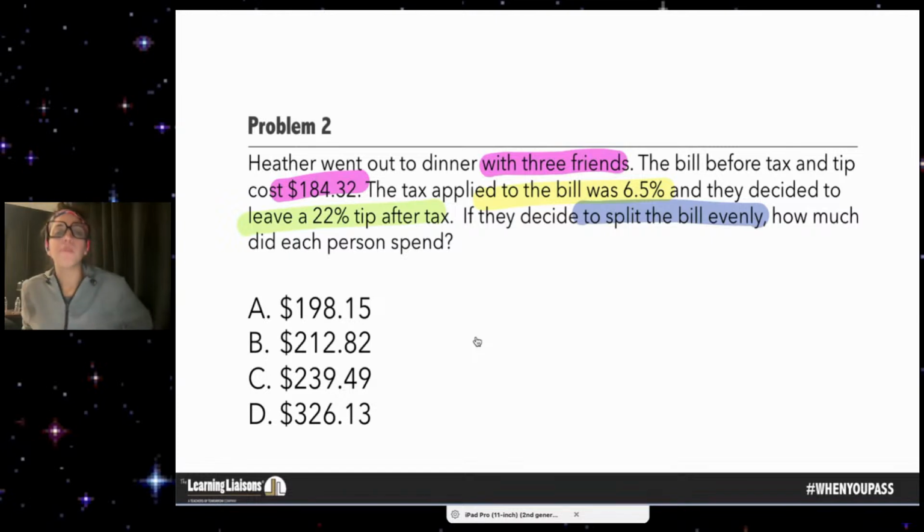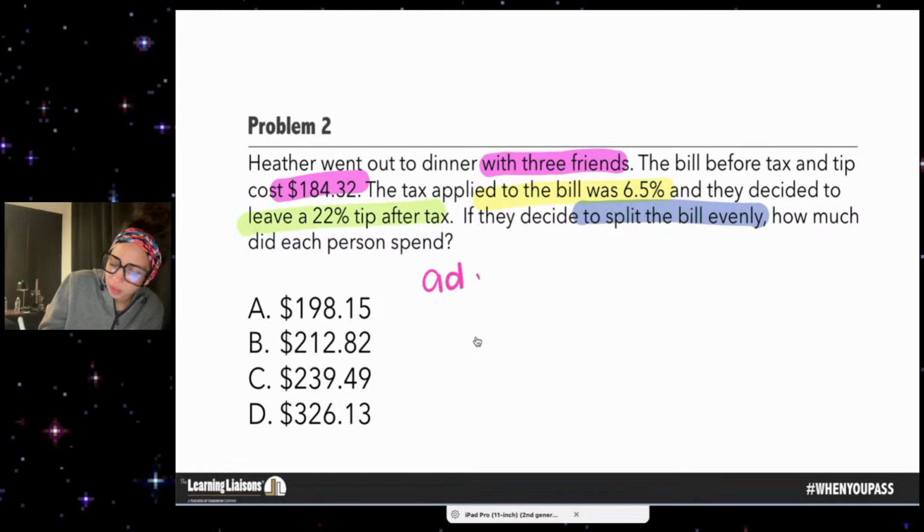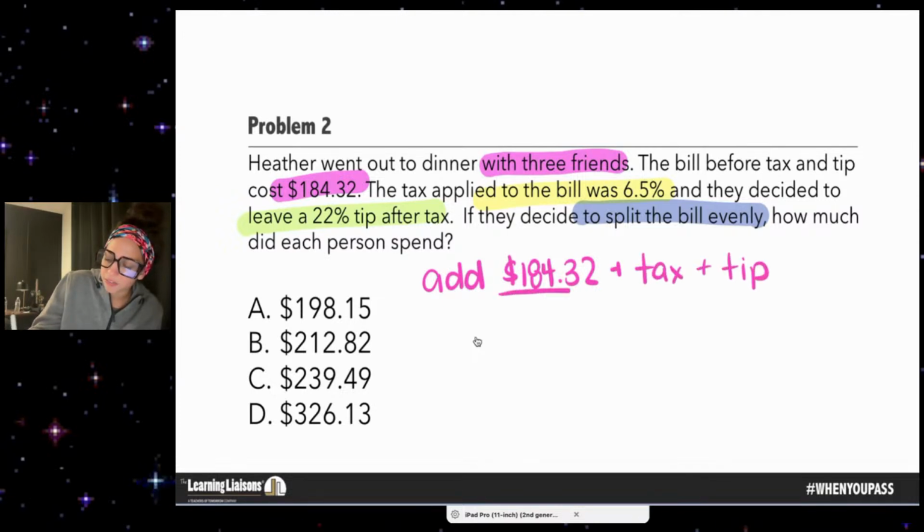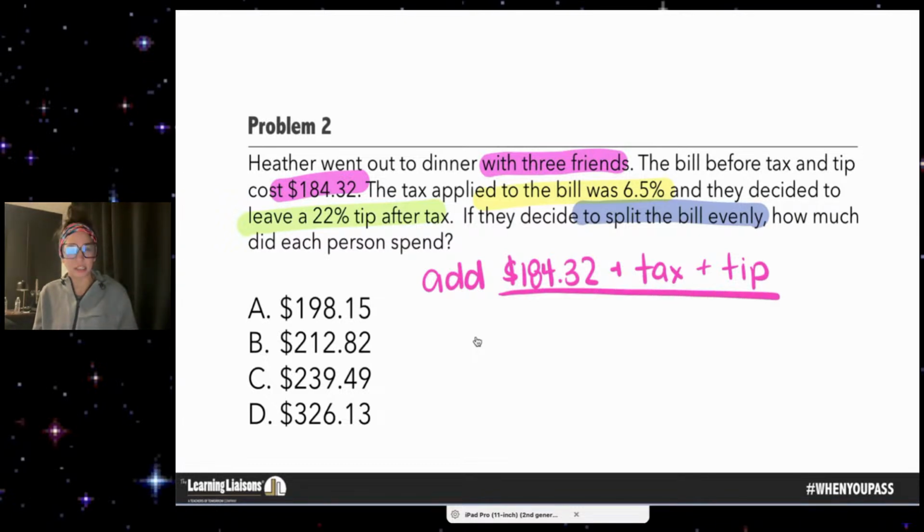So we have multiple steps happening right here. I need to add $184.32 plus tax plus tip. And then I need to divide all of that by how many people. How many people are sharing this bill? 4, not 3.